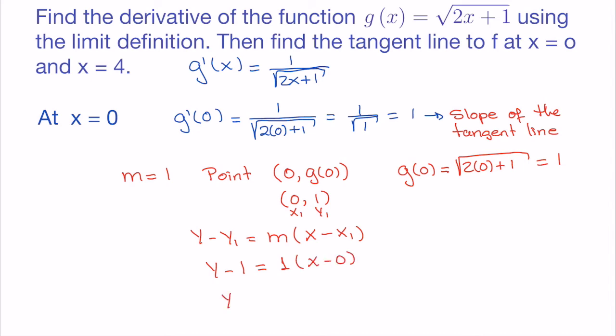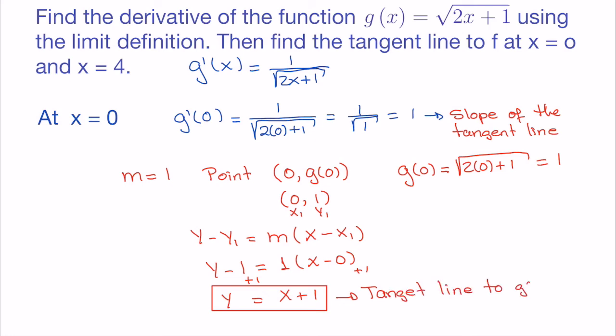So that's y equals 1 times x, and then I add the 1 on both sides, plus 1. This is the tangent line to g of x at x equals 0.